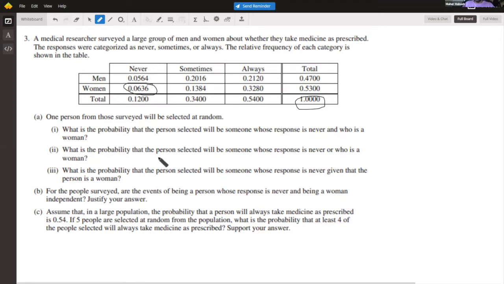What is the probability that the person selected will be someone whose response is never or who is a woman? So now would you add 0.12 plus the 0.53 out of 1?